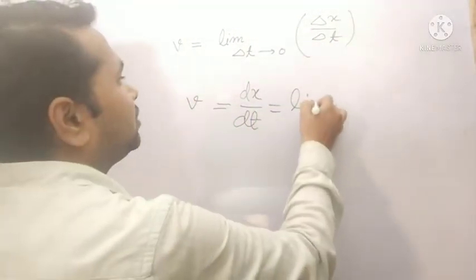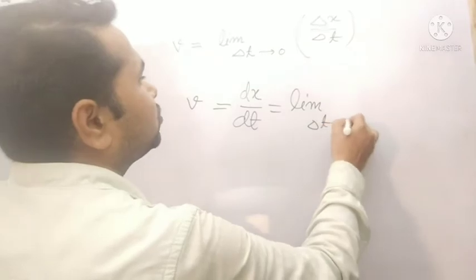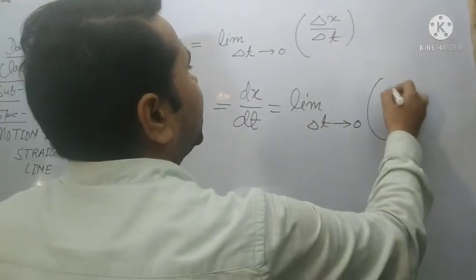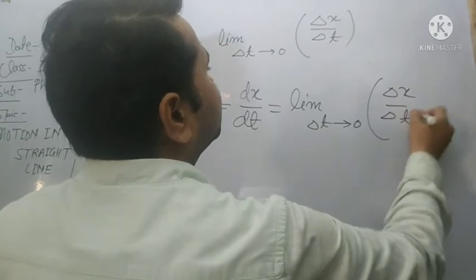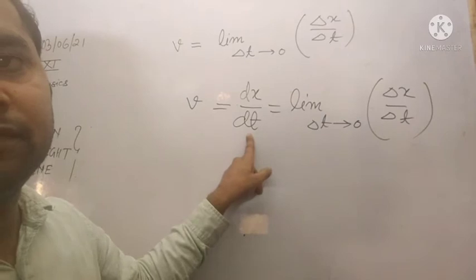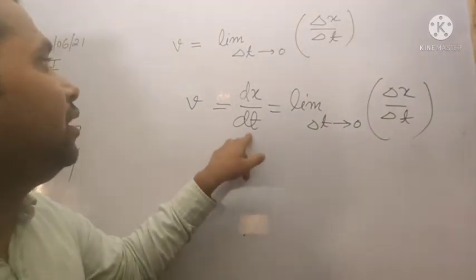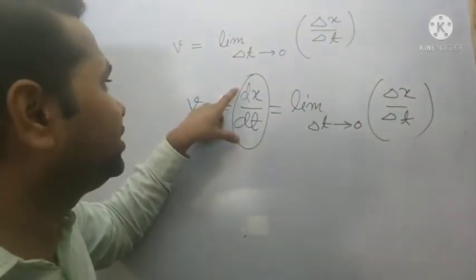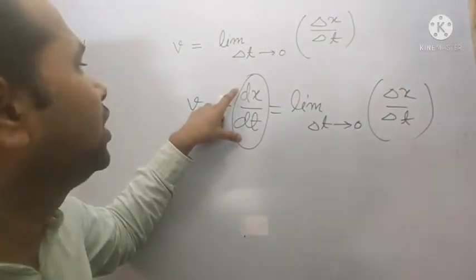Or this is equals to limit delta t tends to 0, delta x by delta t. Dx by dt here. Actually, this is the rate of change of position with respect to time. Here the new thing, dx by dt is the new thing for you.